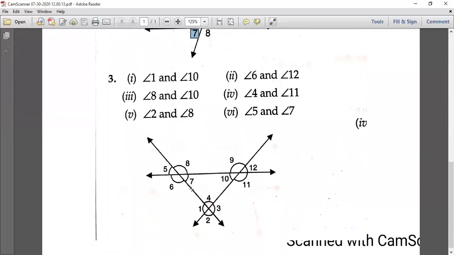Question number 3: you can see here all three lines are intersecting each other. So just to identify the angles, I have simplified the figure for you.